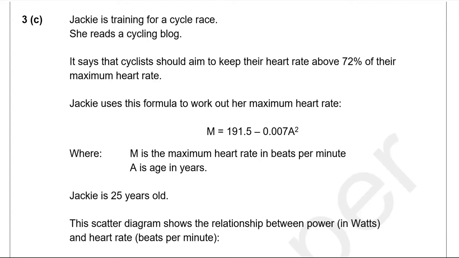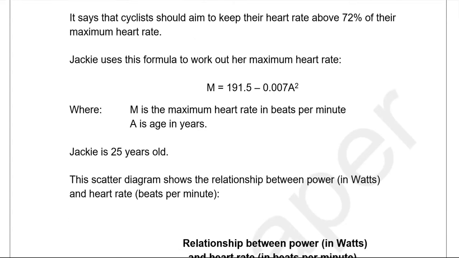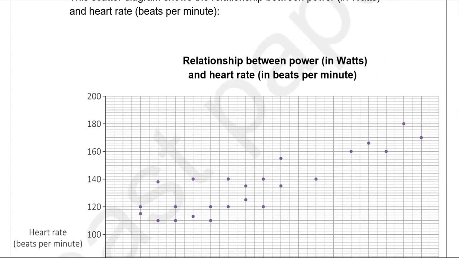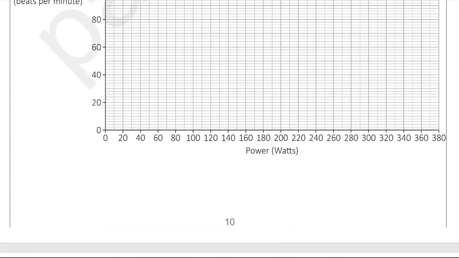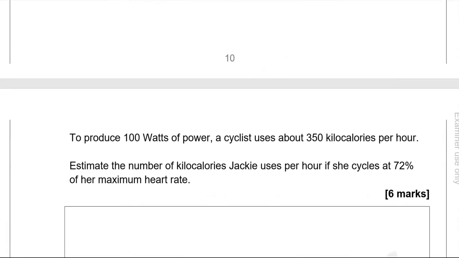Jackie is 25 years old. This scatter diagram shows the relationship between power in watts and heart rate beats per minute. To produce 100 watts of power, a cyclist uses about 350 kilocalories per hour. Estimate the number of kilocalories Jackie uses per hour if she cycles at 72% of her maximum heart rate.